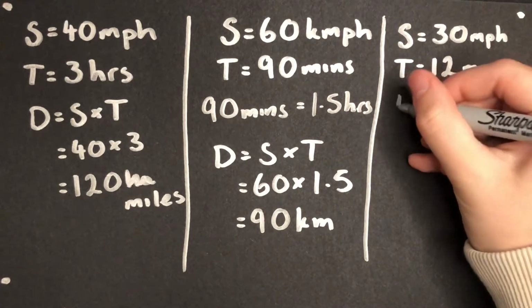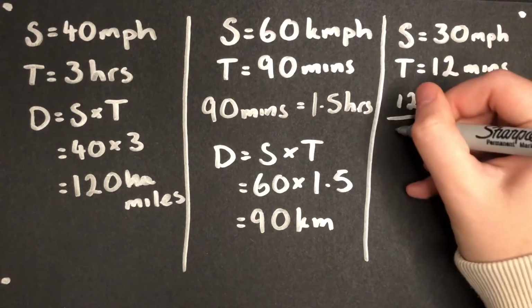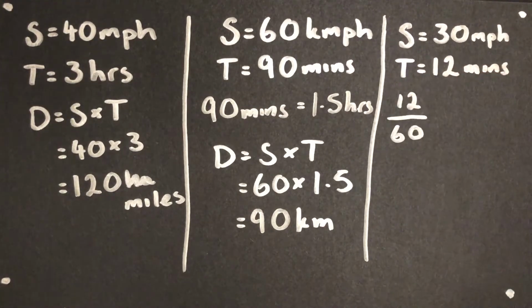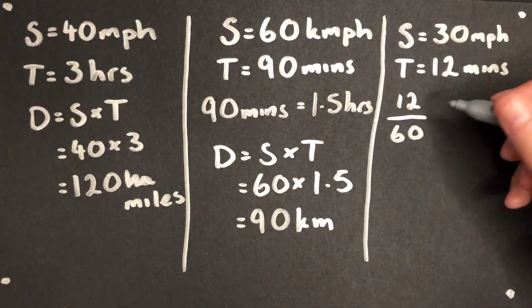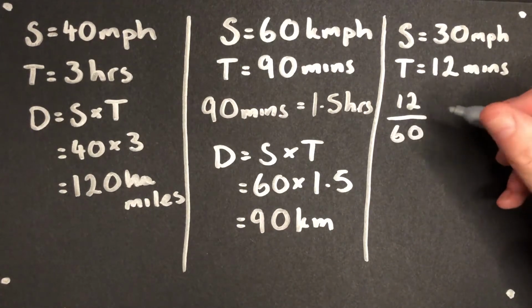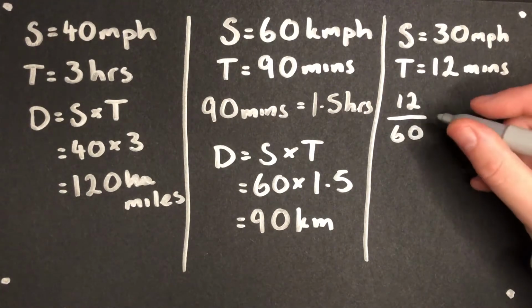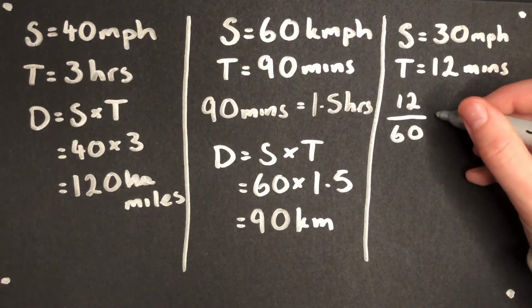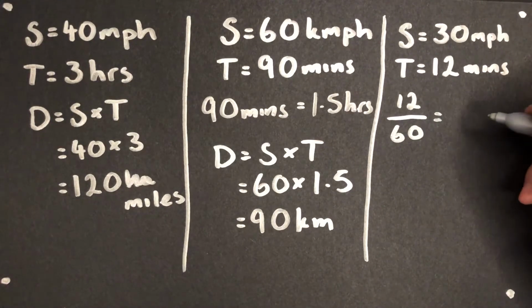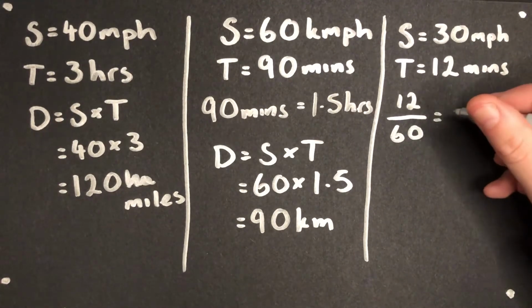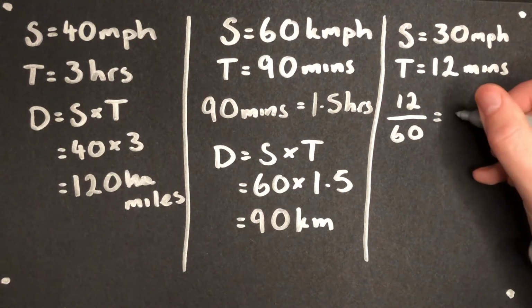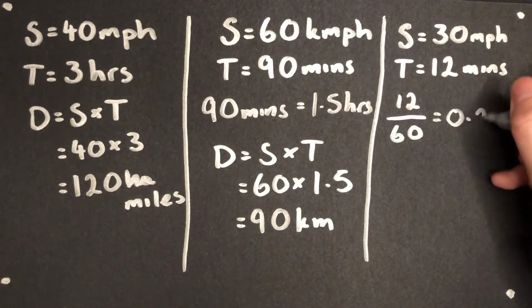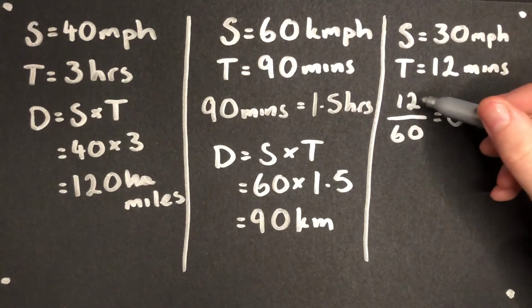So I have 12 out of 60 minutes in an hour. You can simplify that down as a fraction, or you can see that as a divide. So 12 divided by 60 is going to give us 0.2, if my maths is correct. I'm not so sure now. In my head, what I did was I simplified it down.